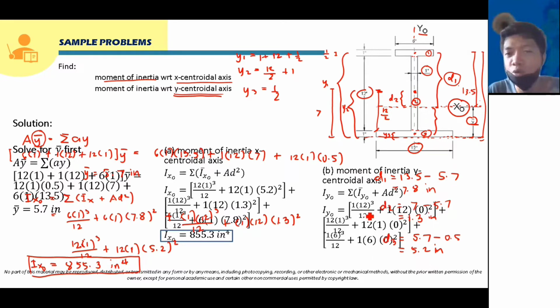These are all just the centroidal moments of inertia of each area, which is hb cubed over 12. Do you follow, class? There's no need to show it, since the formula and solution are already written here. So we can just proceed. Okay ka na?